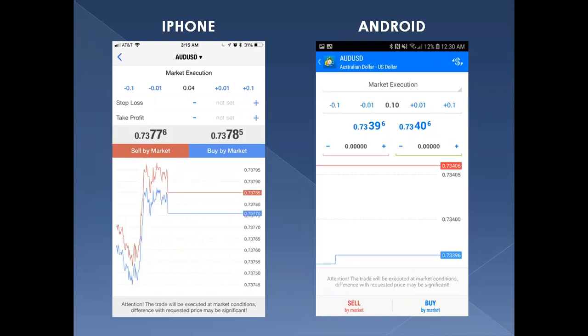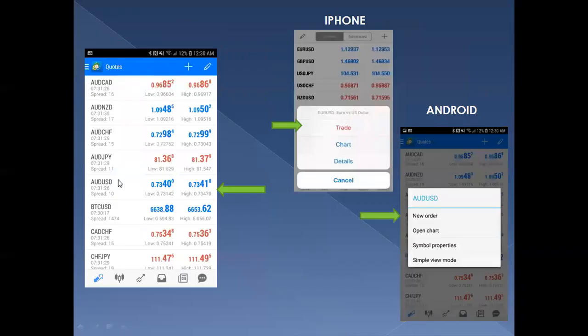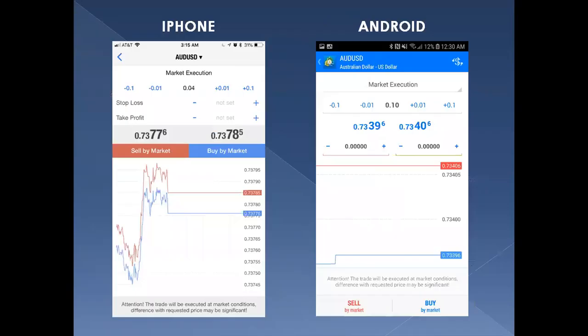So if you're doing a market execution, you're pulling the current price right now. Let's say you're on the quotes page, you're picking the pair that you want, tapping on it, going into either new order or trade, depending on which phone you have. And then here you land.